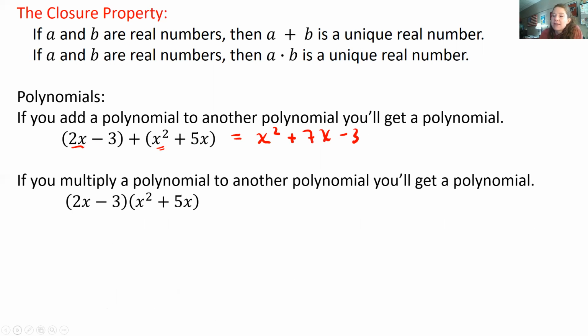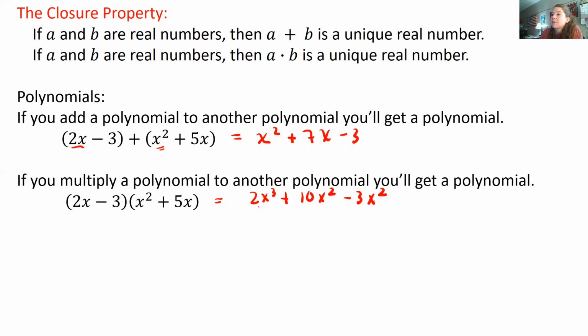Then it says if you multiply a polynomial by another polynomial, you'll get a polynomial. So we would use our FOIL method. 2x times x squared would be 2x to the third. 2x times 5x is 10x squared. -3 times 2x is -3x squared.